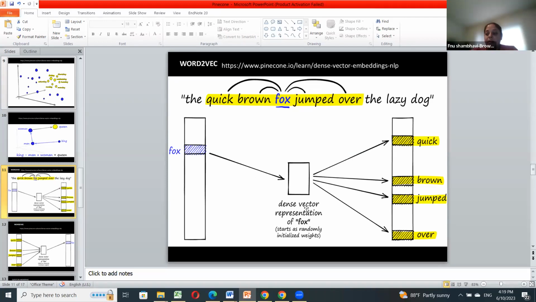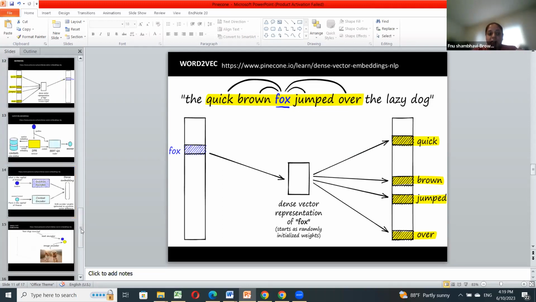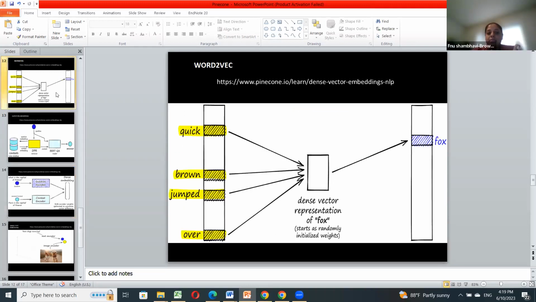The second approach can also be done with one-hot encoding on the surrounding words on the left-hand side, which results in a sparse vector representation, and then it converts the sparse vector representation of the fox into a dense vector representation.